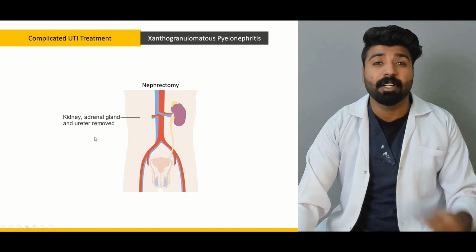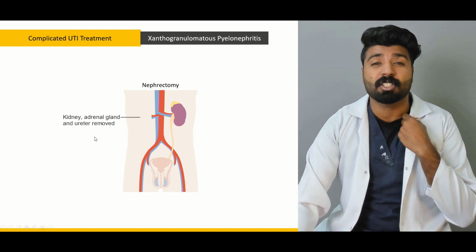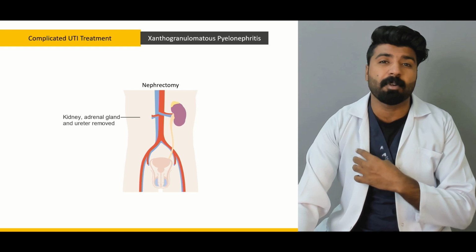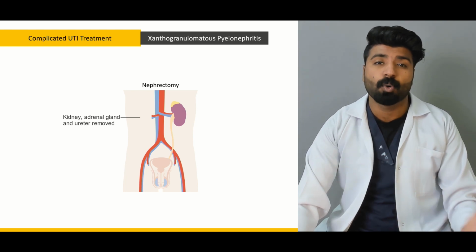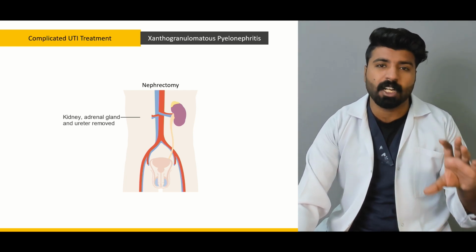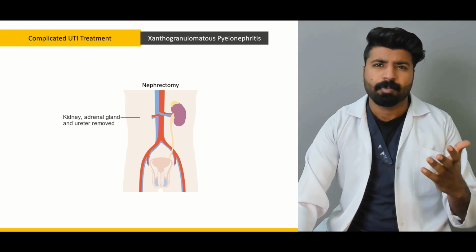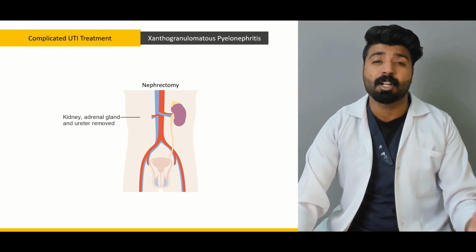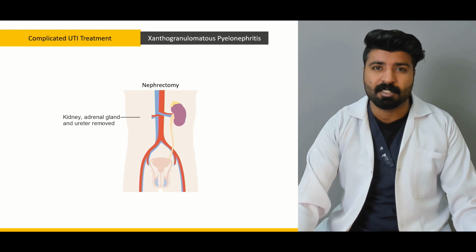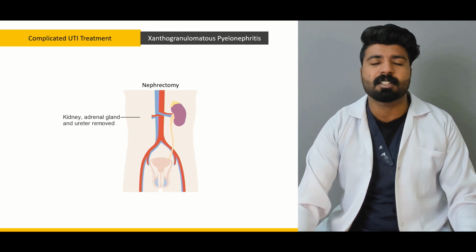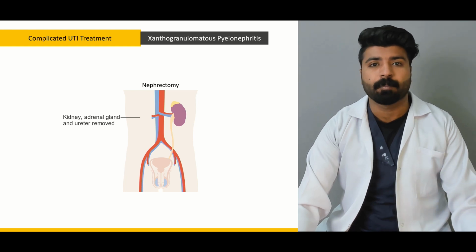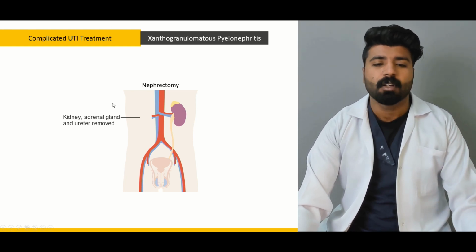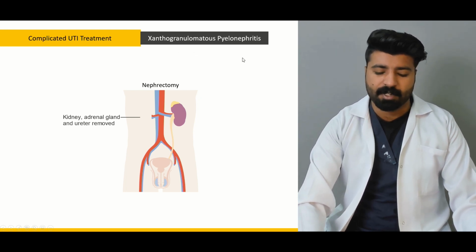The kidneys, ureters, and adrenals are destroyed to such an extent that it cannot be treated, so you go for nephrectomy. You totally remove it. Why can't we treat it? Because there's a much bigger chance of sepsis and other systemic involvement. That's why we go for nephrectomy in xanthogranulomatous pyelonephritis.